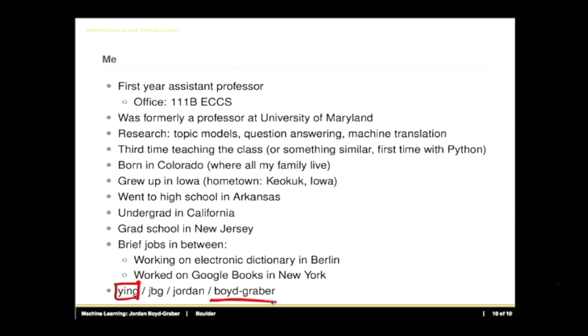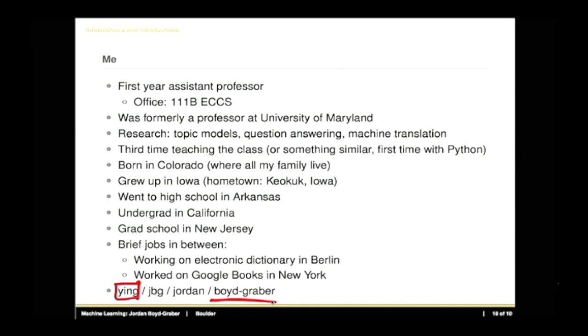Some people have trouble being informal and using my first name, so if you don't like that, you can call me Professor Jordan or just Professor. You can also call me JBG. I answered to that, and that's actually what I asked people to call me in high school. But anyway, call me Jordan. That's what I prefer. If you're comfortable with that, great. That would be my first choice.